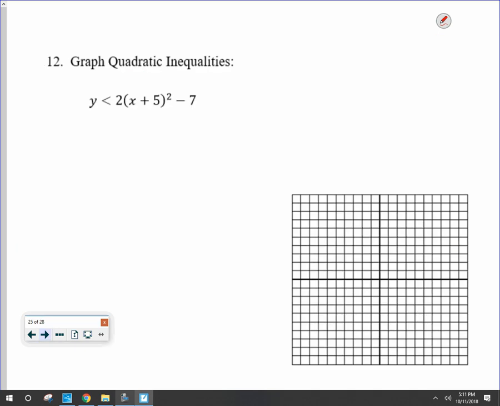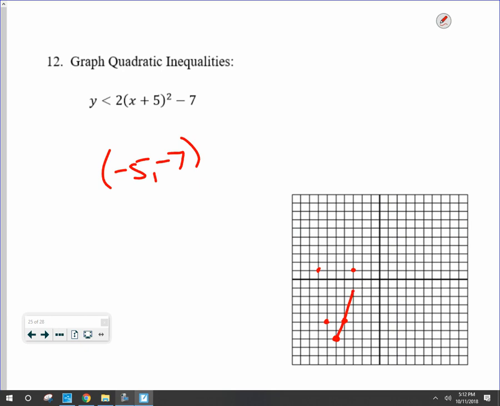Graphing a quadratic inequality, I first need to come up with what the vertex is. So negative 5, negative 7. Then using my counting principle, over 1, up 2, over 2, up 8. For those of you that don't remember, it's over 1a and 4a.